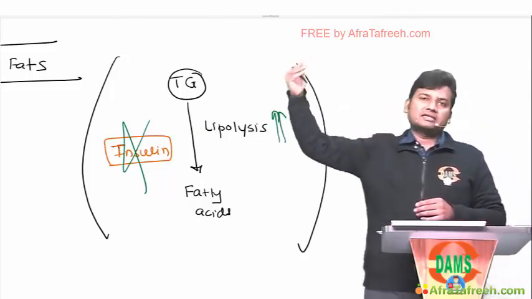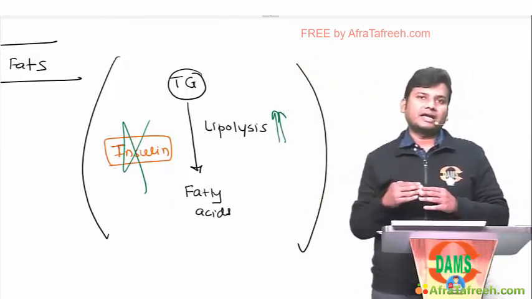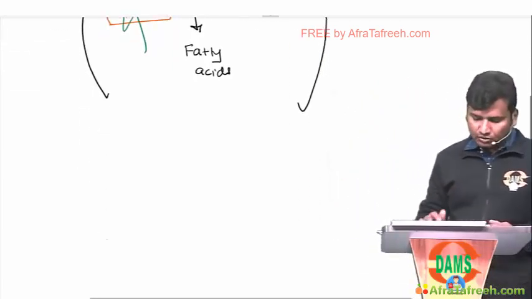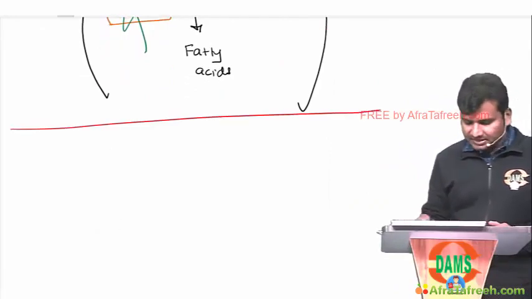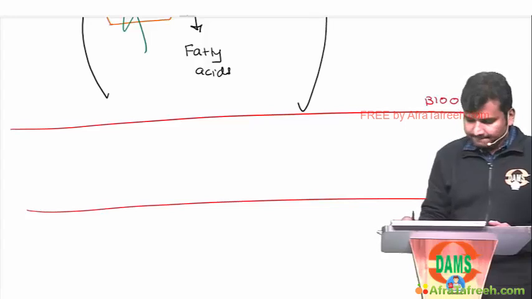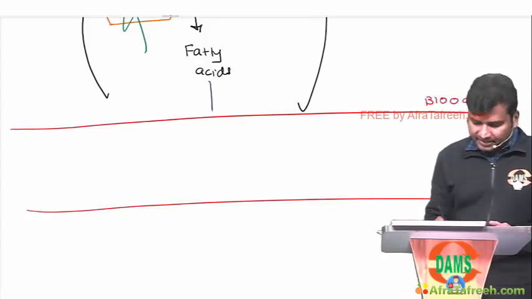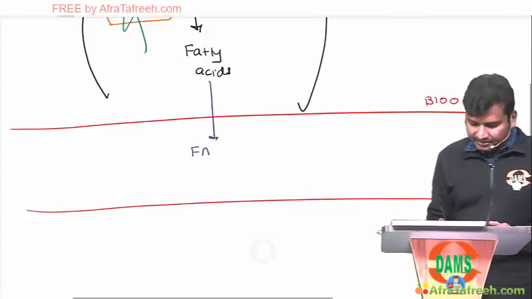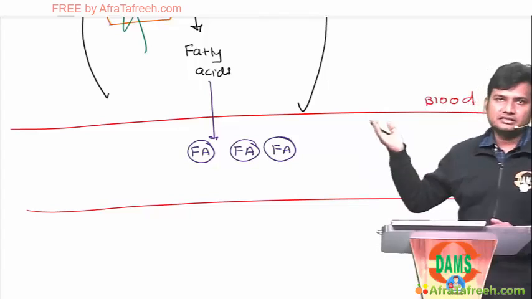So triglycerides will be converted to fatty acids. A lot of fatty acids will be formed, and these fatty acids will enter the blood. So fatty acids will increase in blood.